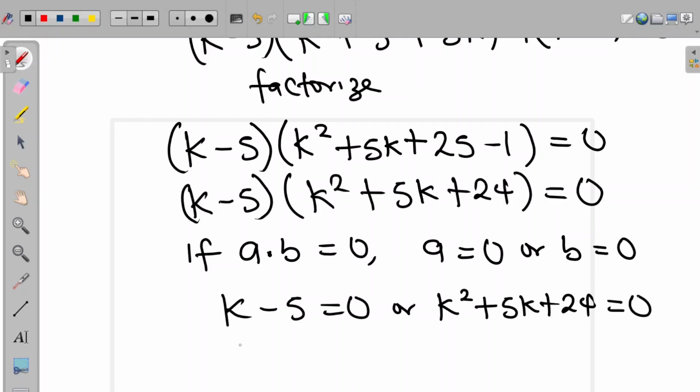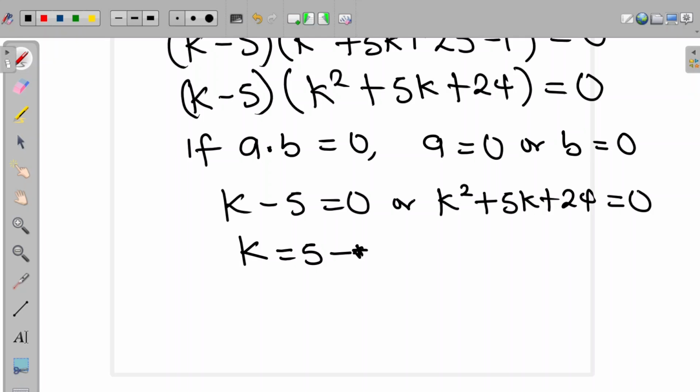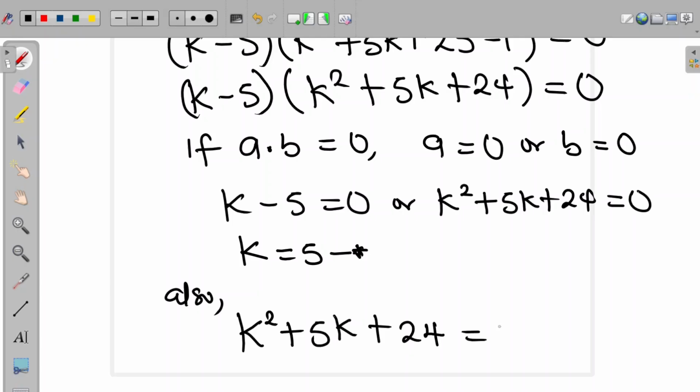Now from here, we have that k is equal to 5. Also, we have that k squared plus 5k plus 24 is equal to 0. Now, let's check if we have an imaginary root from this equation.